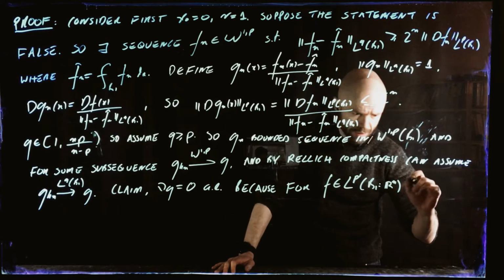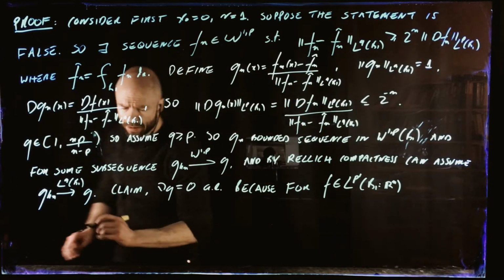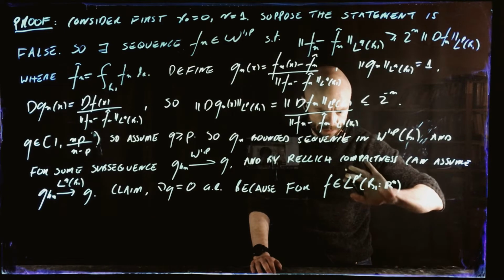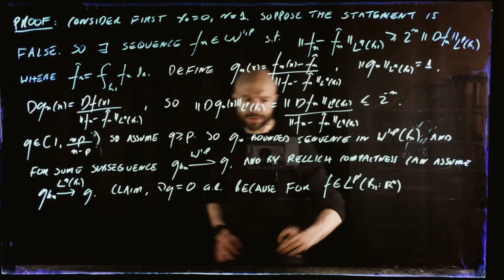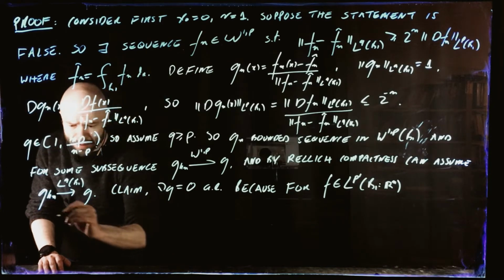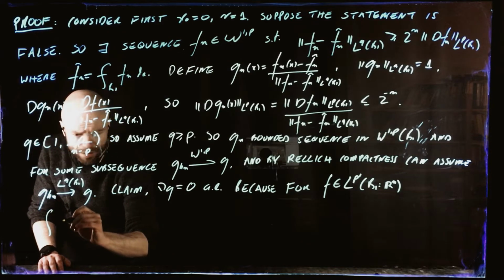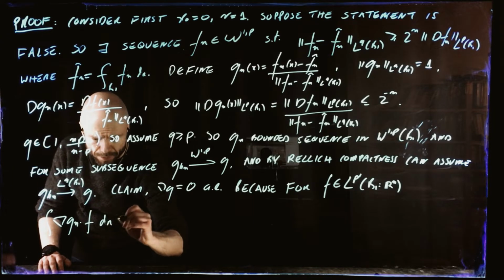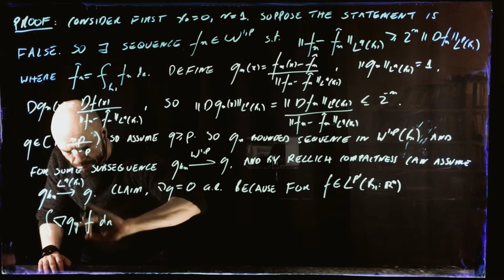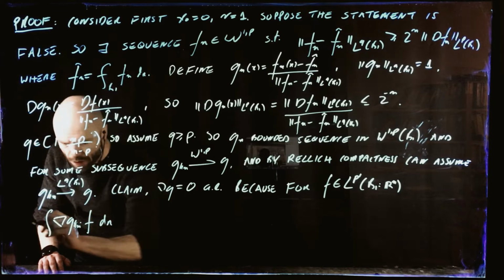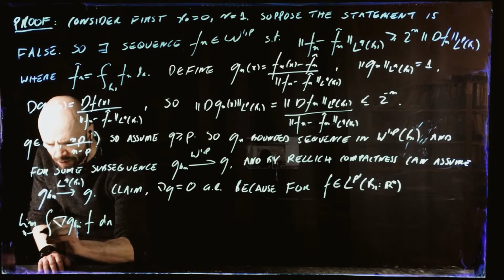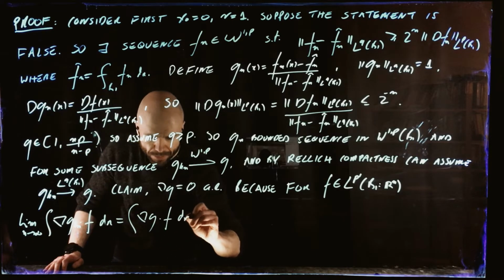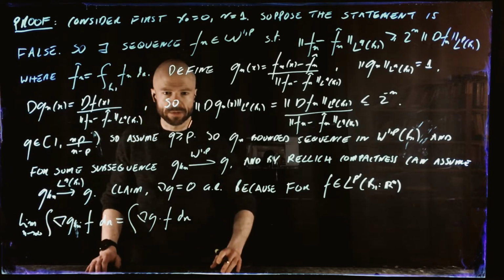So for any of these, if we consider the following, well, okay, let's do this in one step. For any such f, weak convergence means the following: that when we take the gradient of g_{k_n} dot product with this guy, the limit as n goes to infinity of this is the integral of the gradient of g dot product f dx. That's the definition of weak convergence.